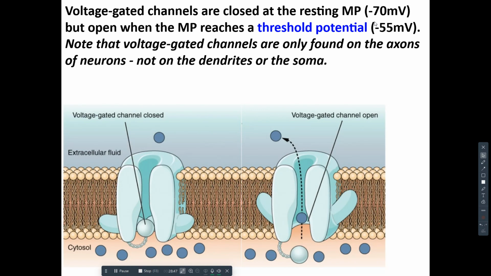Now, a really important fact we got to be aware of is that voltage-gated channels are only found on axons. They're not found on dendrites of neurons, not found on the soma of neurons either. Voltage-gated channels are only found in axons, and this will become important later on when we are dealing with the signals that are traveling in a neuron.